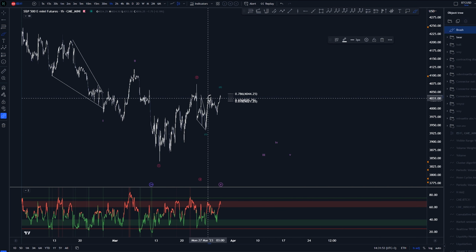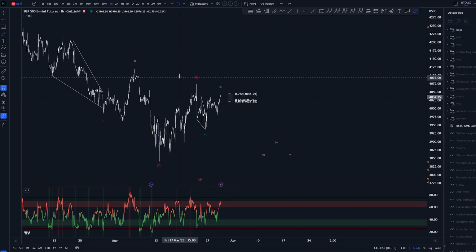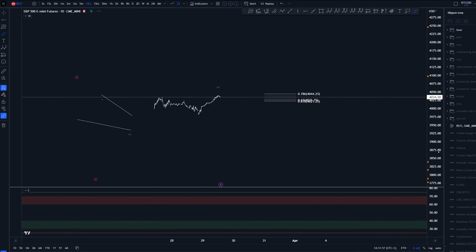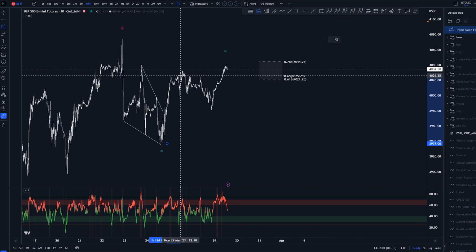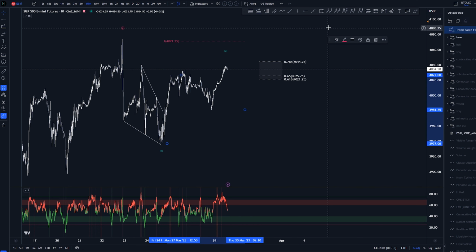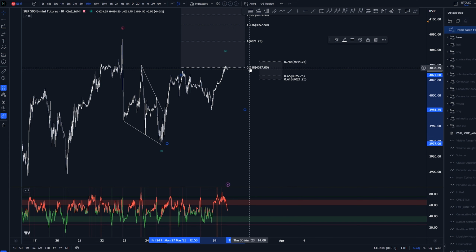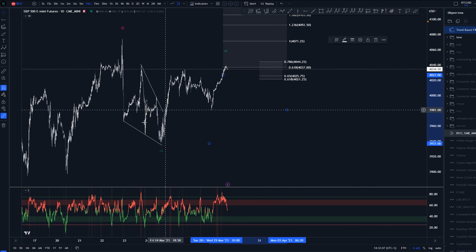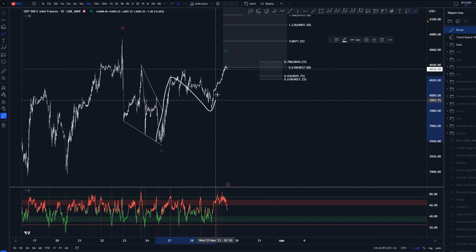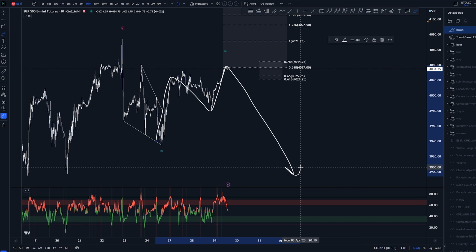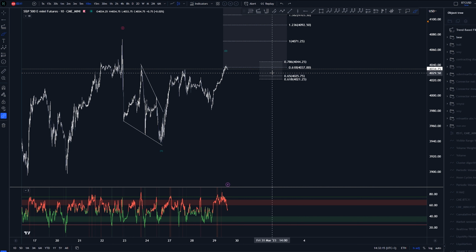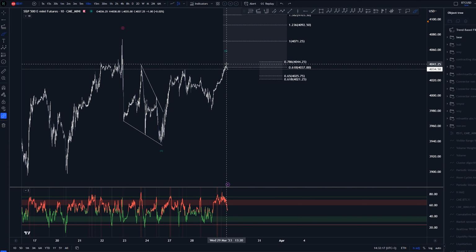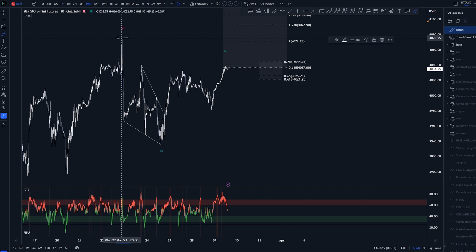We did take out these highs here, which is kind of weird. Originally, I wanted to already have this done, but there is of course a chance that we are just going to be creating something like this, a very deep retracement. We did hit the 618 here now, where we would be looking for a structure like this, and now we would be looking for continuation. So this would be a decent area to look for short setups against the highs here.